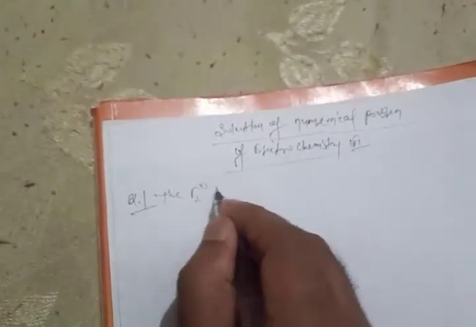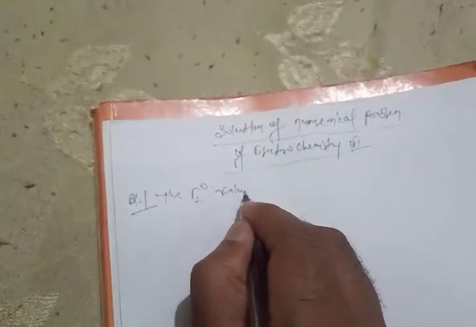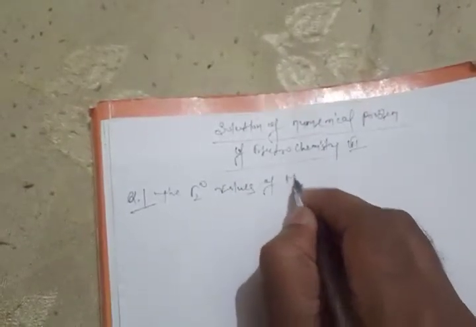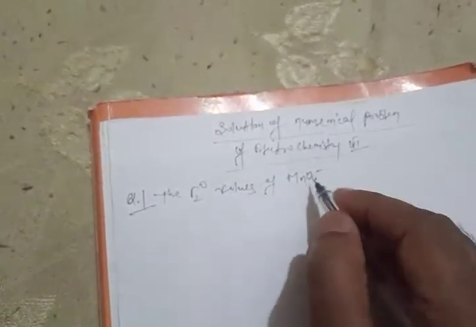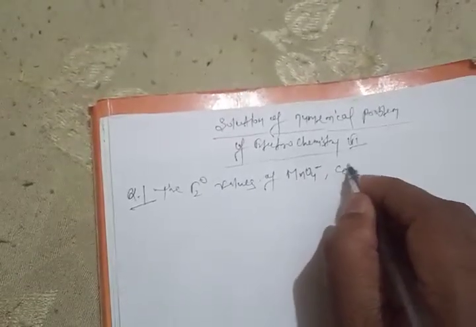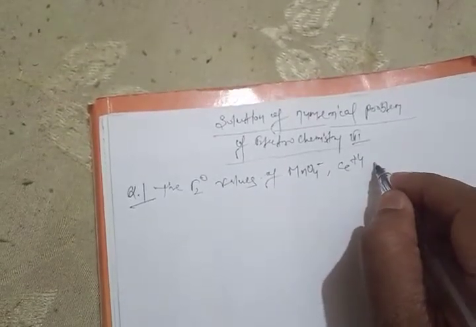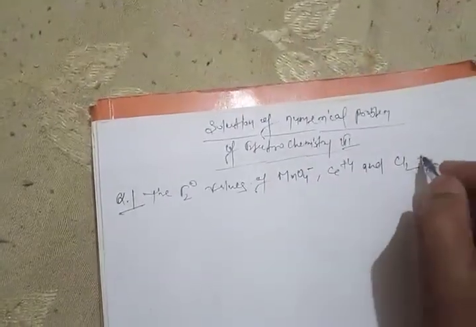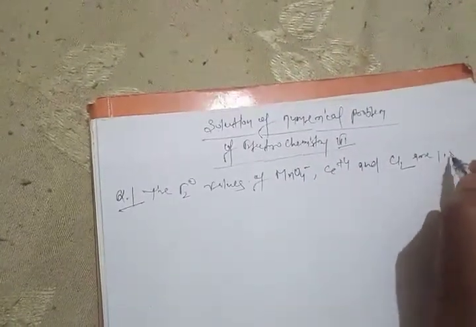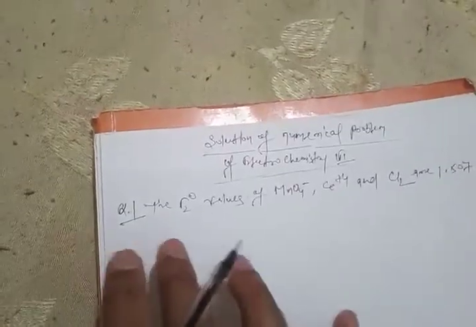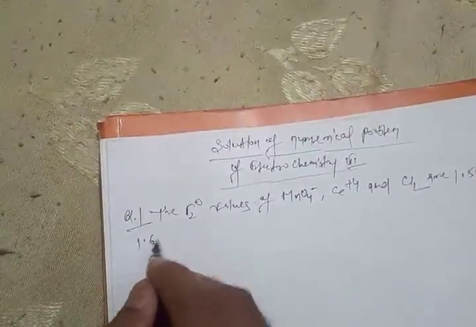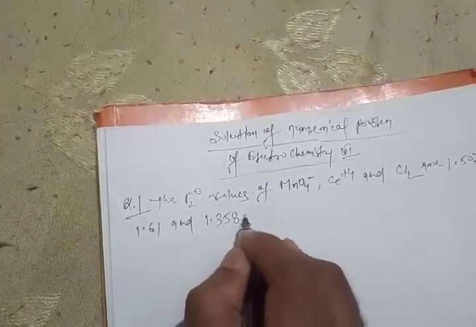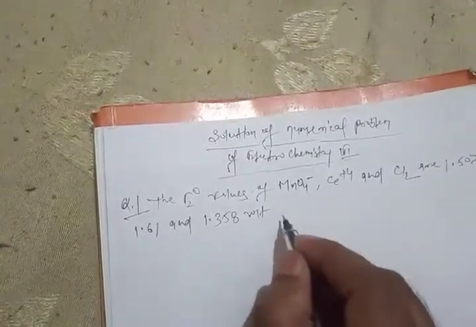The E naught values of MnO4 negative, Ce+4, and chlorine are 1.507, 1.61, and 1.358 volt respectively.